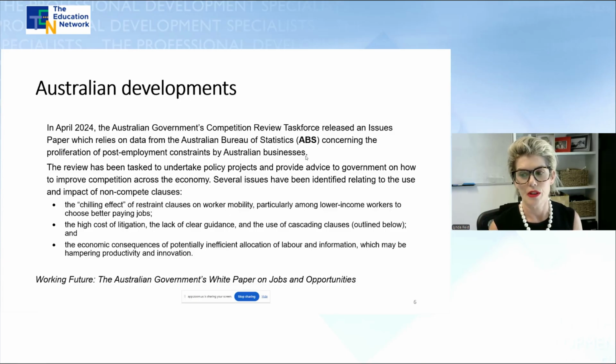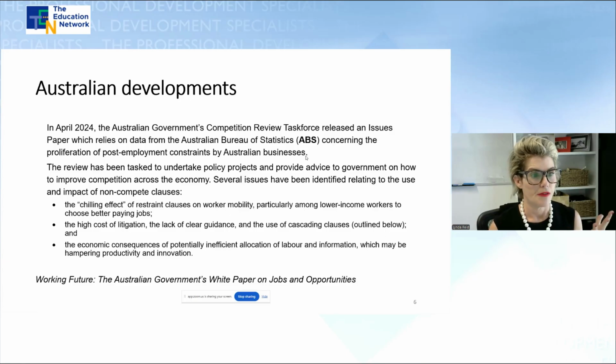So that is yet to be tested, and there doesn't appear at this stage to be much evidence. None of the issues papers that have emerged in Australia, the UK, or the US describe studies or evidence that draw that connection between cause and effect.